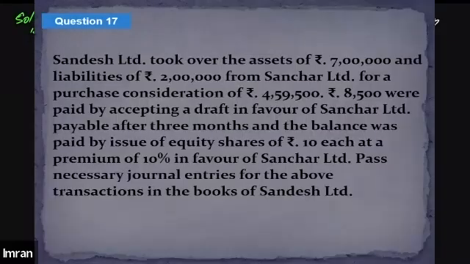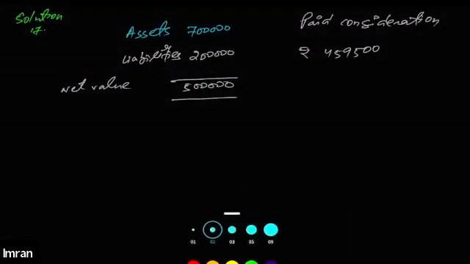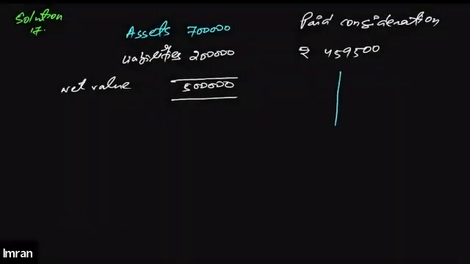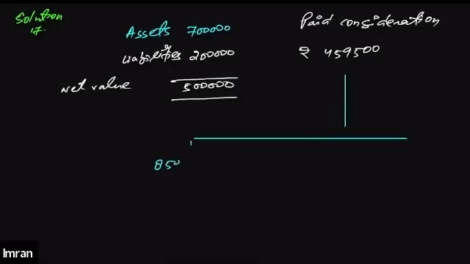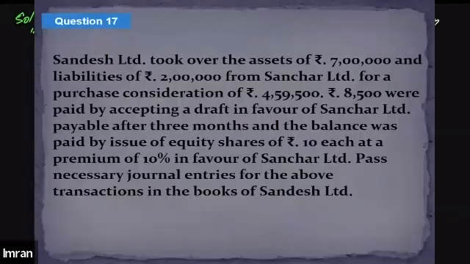And now see, the question says that out of 4,59,500, 8,500 were paid by accepting a draft. 8,500 out of it will be paid through a bank draft after a period of 3 months.